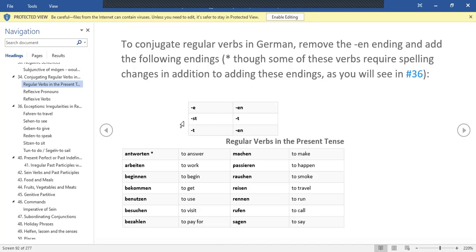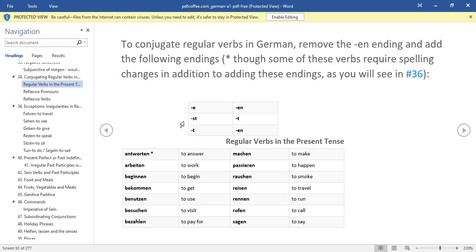It's going to be du antwortest mein Handy. If you can see, with ich the verb was ending with e. For du, the verb is now ending with st.